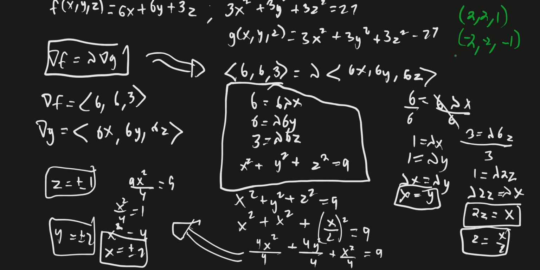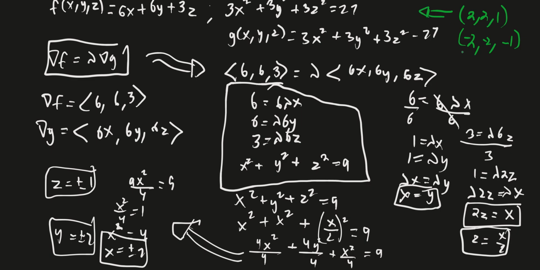Not really, because if we have 2, 2, we can't have negative 2, 2, or 2, negative 2. There are no other possibilities. If I write 2, 2, negative 1, that's not possible because 2 divided by 2 is not negative 1, it's 1. Similarly, negative 2, negative 2, 1 is also not possible. So it's just these two options given all our equations.